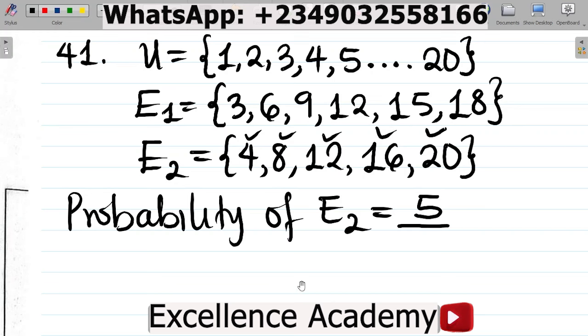To get the total possible outcome, we look at the total number of elements in U. U started from 1 and went up to 20, so we have 20 numbers. The total possible outcomes is 20. If you reduce this to lowest terms, this is simply equal to 1 over 4. This is the probability of having an E2.